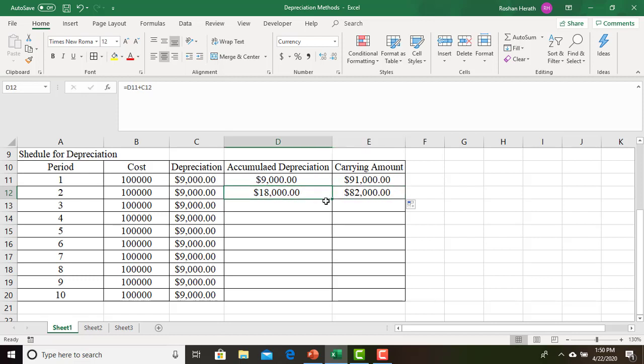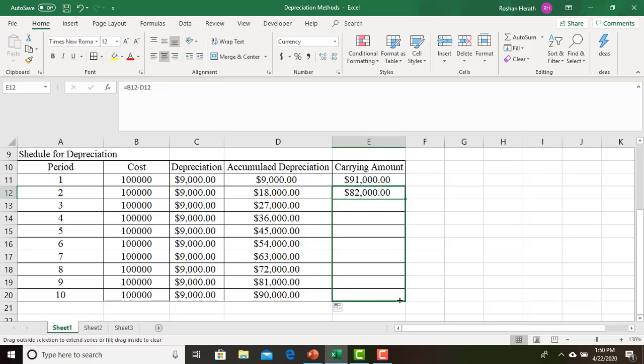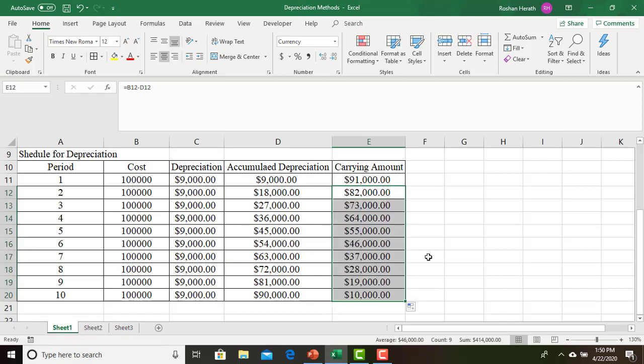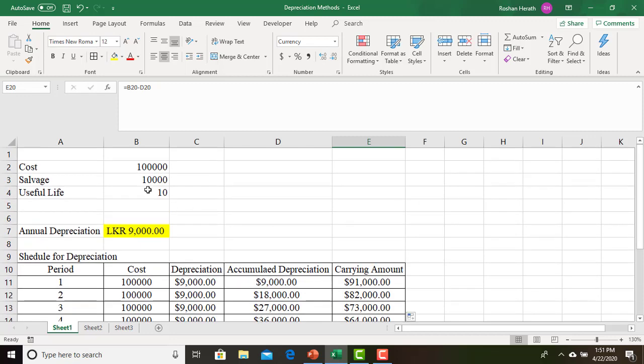And now let me drag this accumulated depreciation and also let me drag this to the end. Now you can see the carrying amount at the end of each period, and most importantly you may notice that at the end of the useful life the carrying amount of this asset had become 10,000, and that is what we call the salvage value.